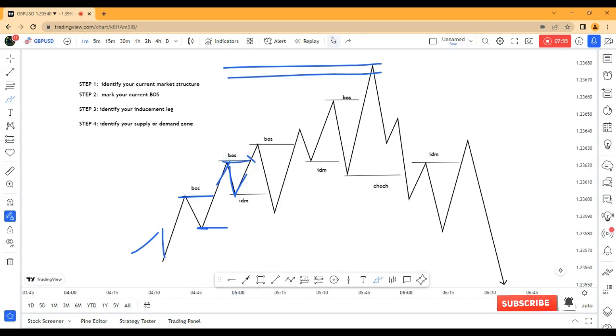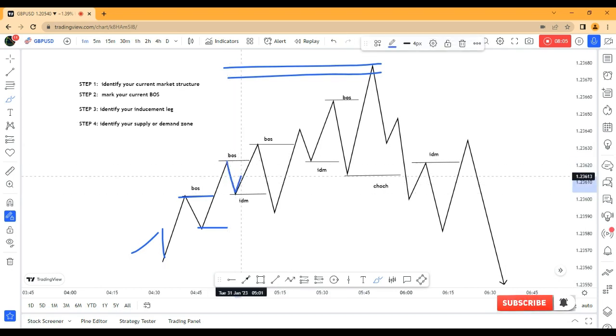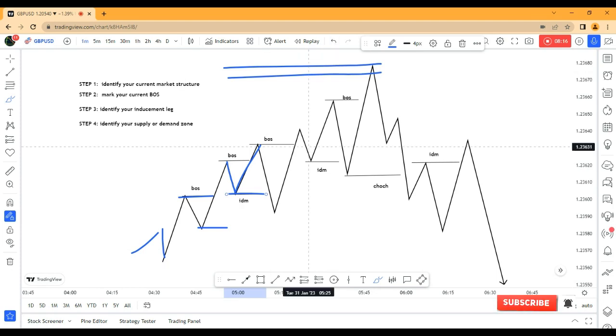If you identify your current break of structure, your next step is to identify your inducement leg. If price gives us this throwback and then a move, this particular low here is our inducement leg. After identifying your inducement leg, you identify your supply or demand zone based on the direction of the trend.